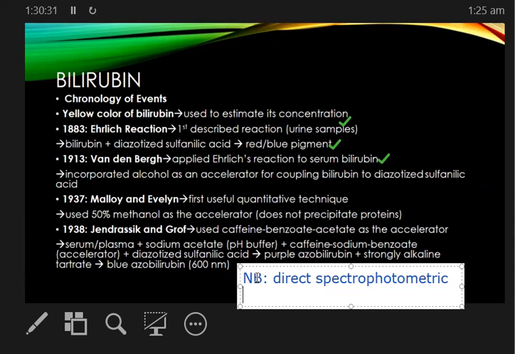Why? Because of the presence of lipochromes in other age groups. A good example of a lipochrome is vitamin A, which has an inherent color. What is usually the color of vitamin A? It's yellow or orange, almost the same as that of your bilirubin. So that's the problem.